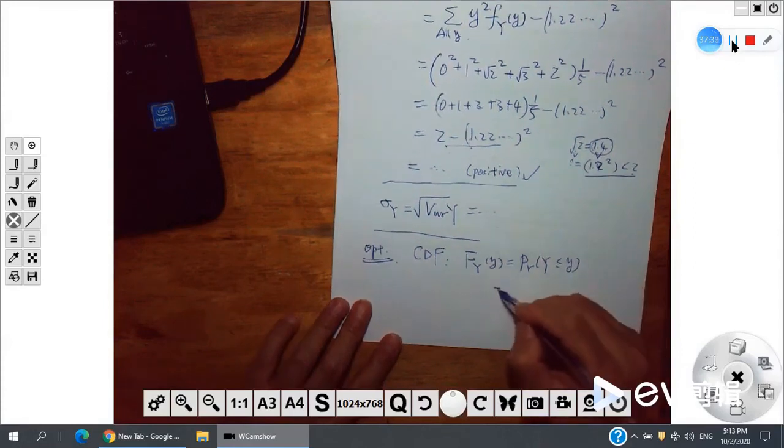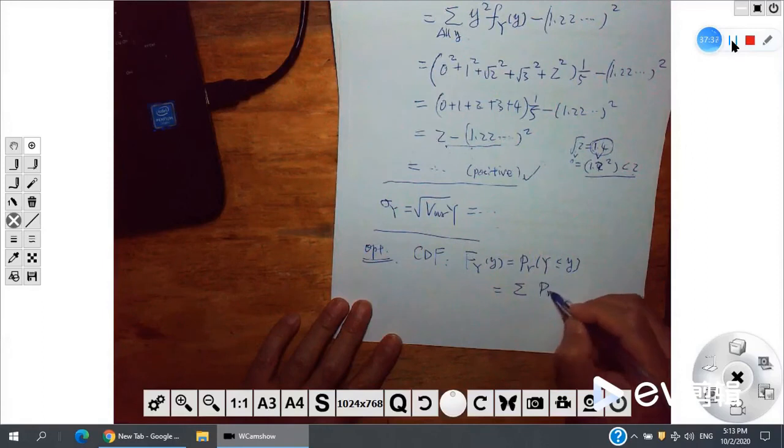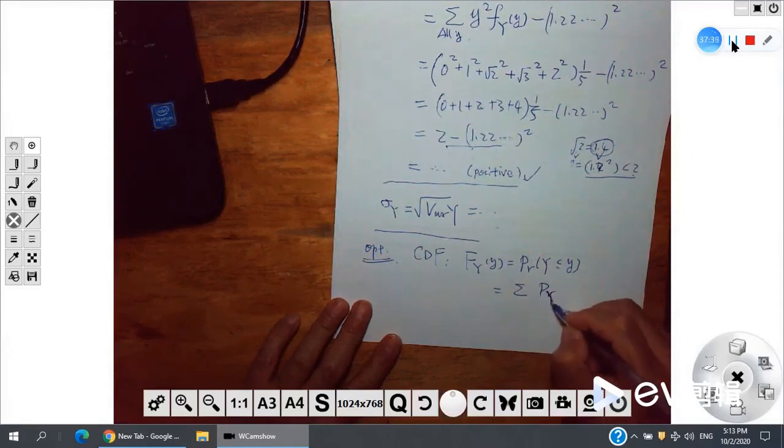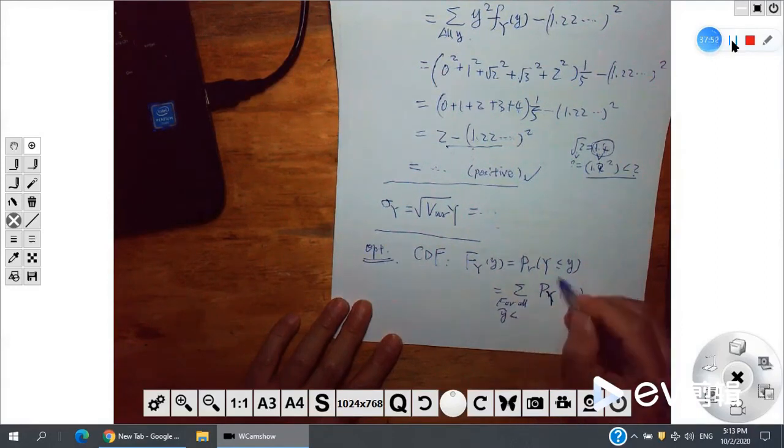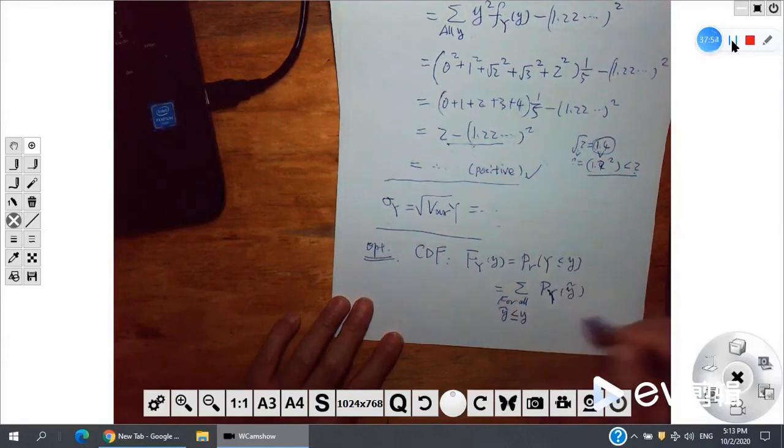So this is the summation of the probabilities p_Y of, since I use this y, I use another y, y tilde, for y tilde smaller than or equal to y. So it's this one.